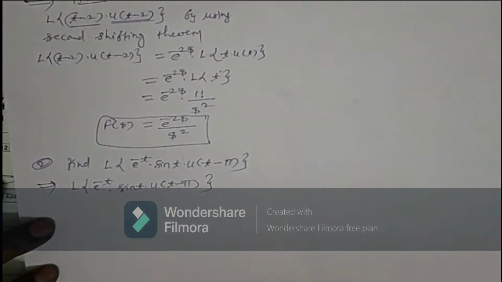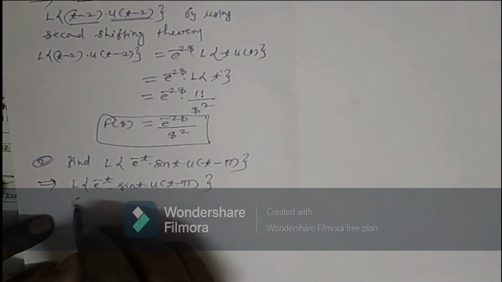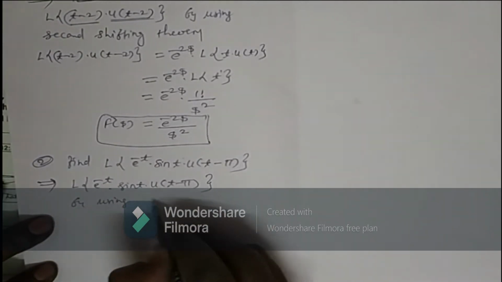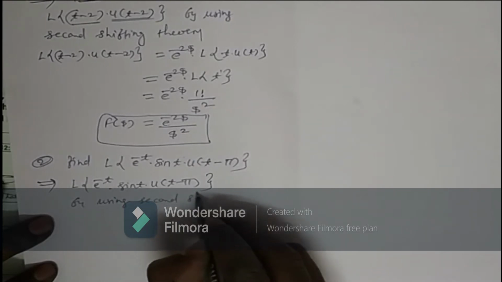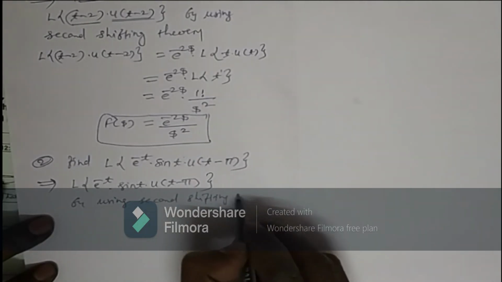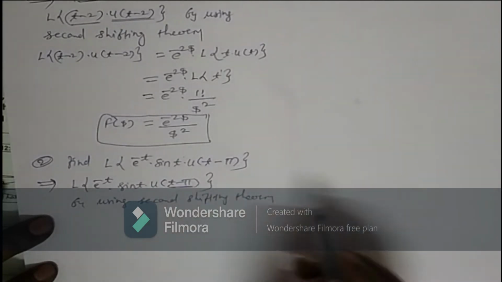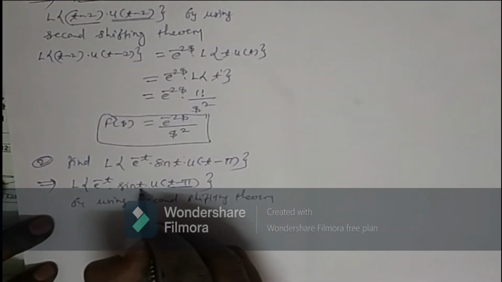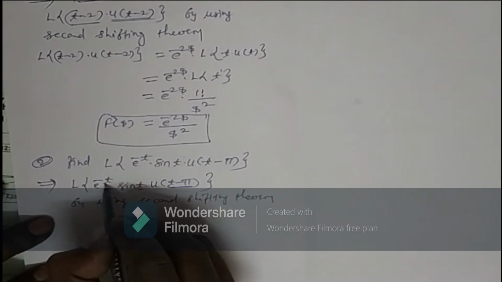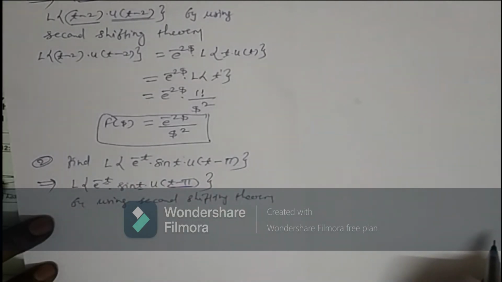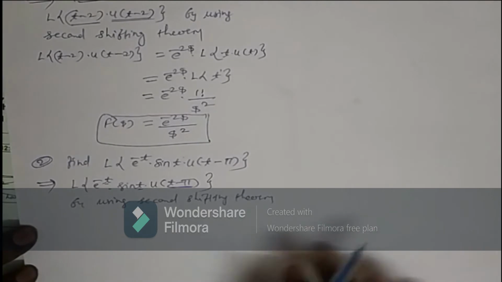By using the second shifting theorem, if you observe here there is t minus pi in u, but in place of this t there is no t minus pi. So we have to adjust this first. How to adjust this?